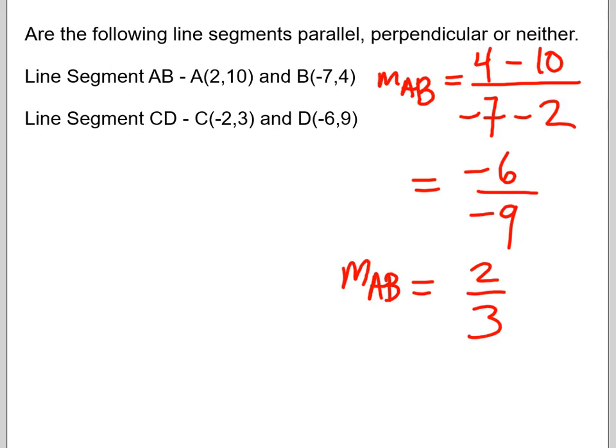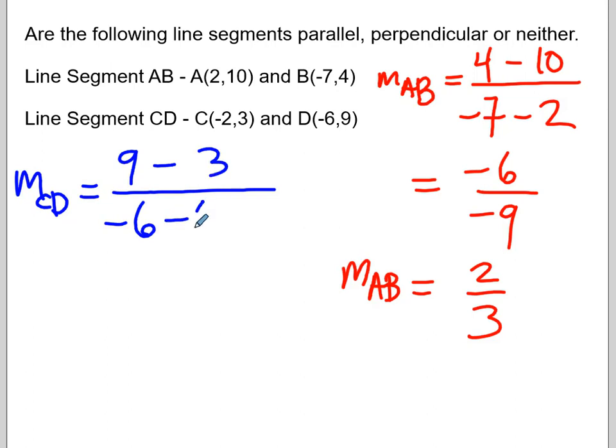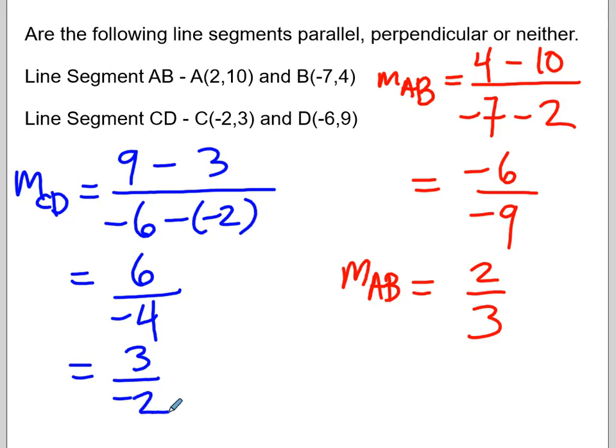And now CD, I'll do the same. So the slope of CD, you'll notice I have little subscripts here to give me some idea of which one's which. Watching the double negative here in particular. So -6 plus 2, this is -4. And that becomes 3 over -2.